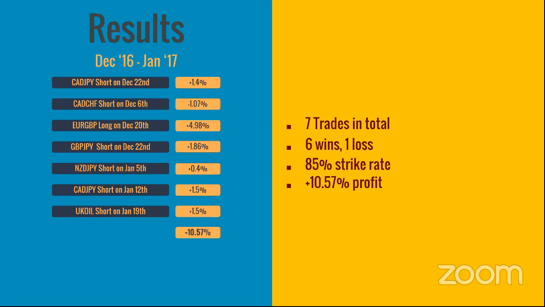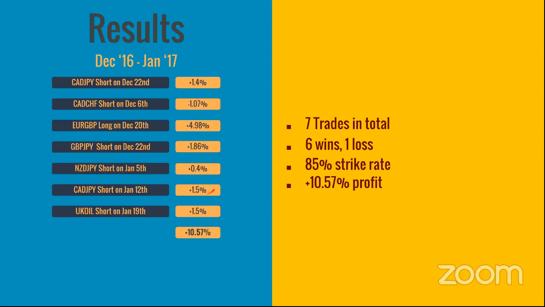Strike rates from the mid-70s and above are very, very good. If you're getting those strike rates, whether you're trading short-term positions like these that are maybe 1.4, 1.5, or even high reward-risk trades like this one, you'll be in profit as well. So all in all, the total profit was 10.57% net.